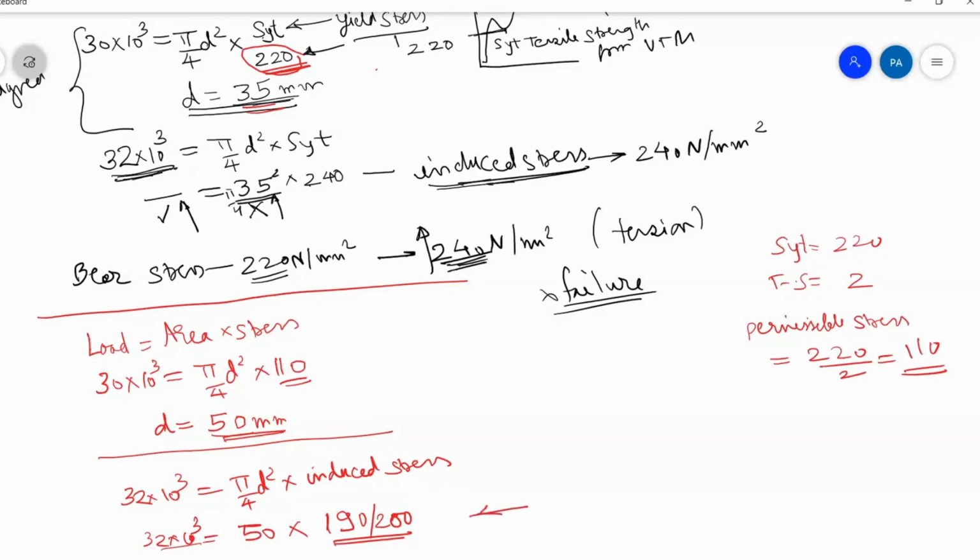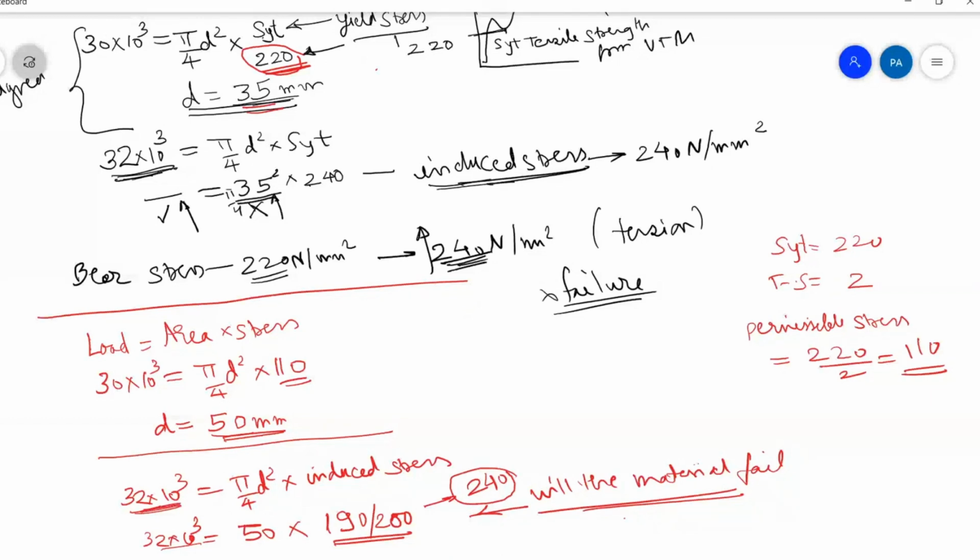Then in this case, will the material fail? No, sir. The material will not fail, because what is the limit that the material can have? It can have a limit of 240 Newton per mm square. As long as the induced stress is below 240, it will not fail.